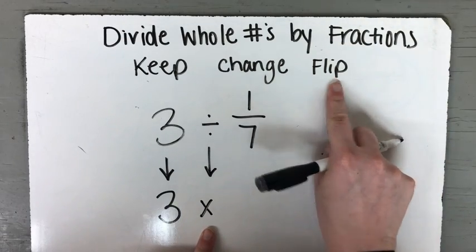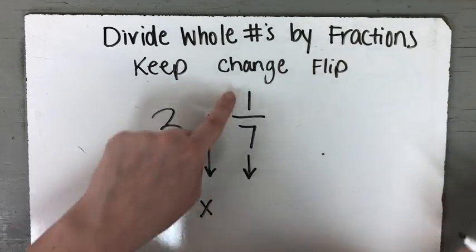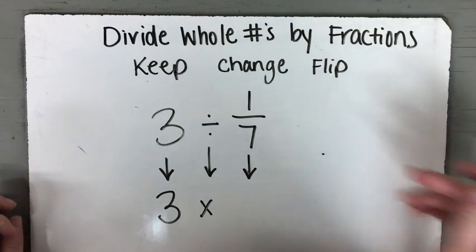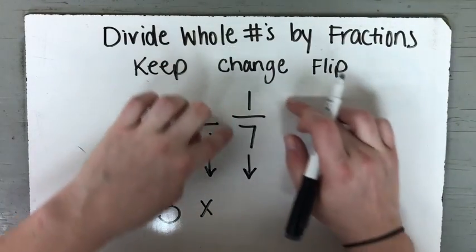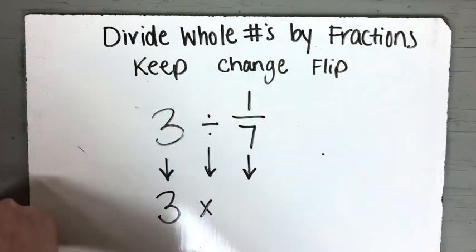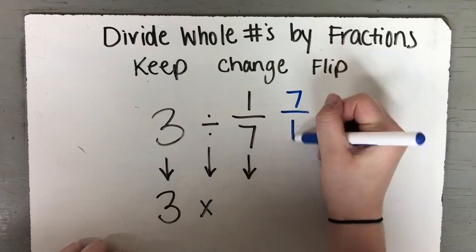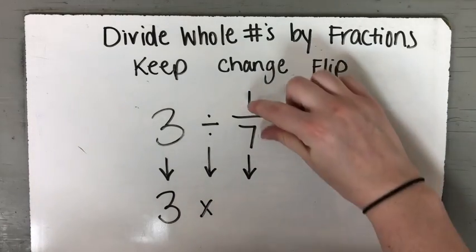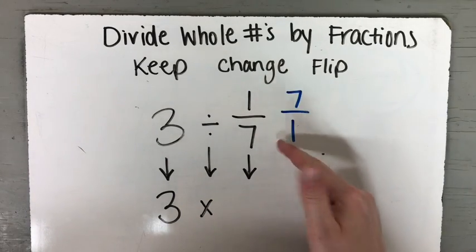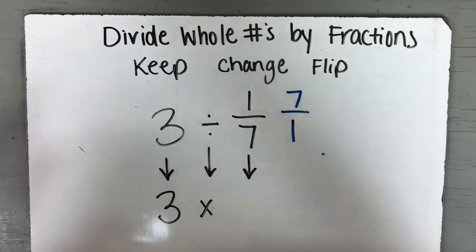Then we're going to flip. And by flip, we're going to flip the fraction. What I mean by that is you're going to switch the denominator and the numerator. If I were to do that, you would then get 7/1. I flipped it. My 1 is now my denominator, my 7 is now my numerator.